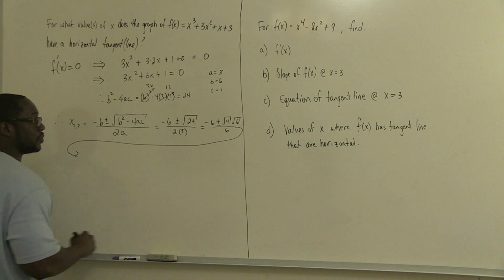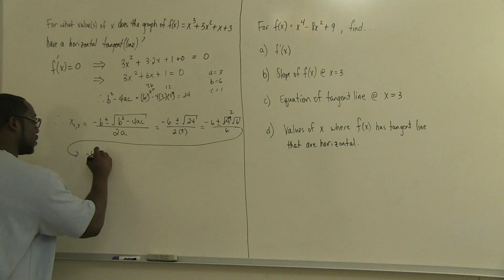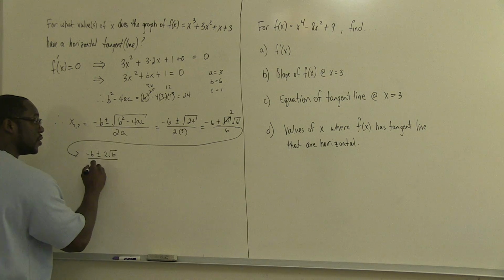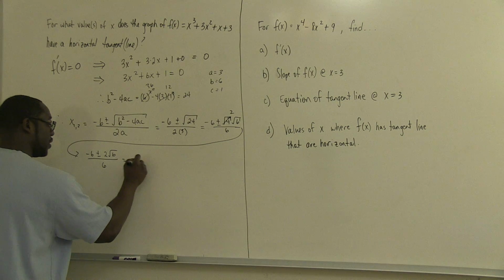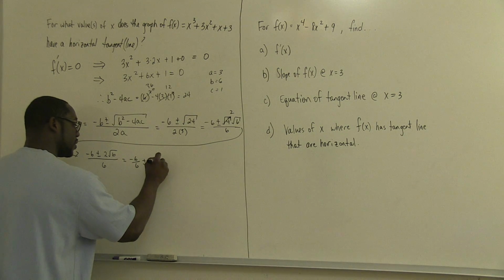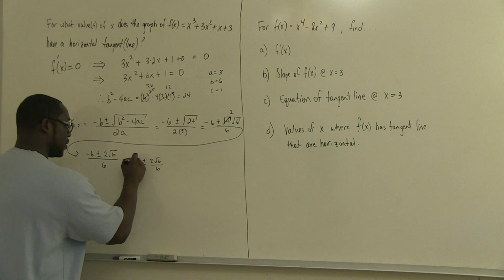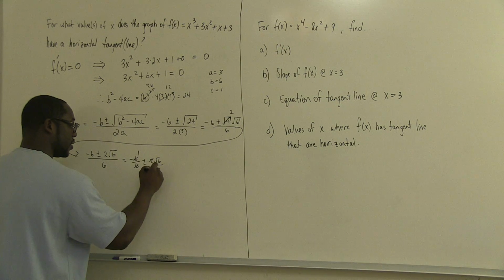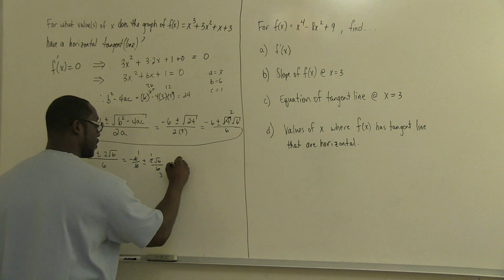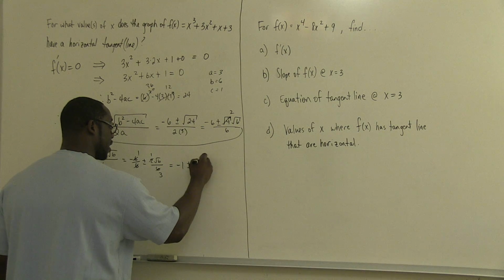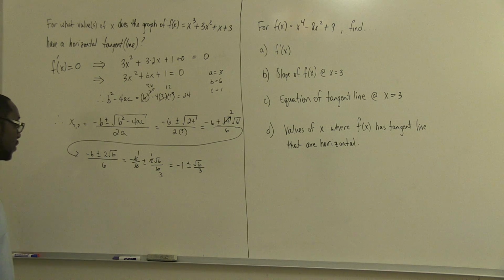And then from this point, the square root of 4 is 2. So if we simplify here, what we'll have is negative 1, and 6 reduces to 1/3. So we have negative 1 plus or minus the square root of 6 over 3. And so those are our two answers.